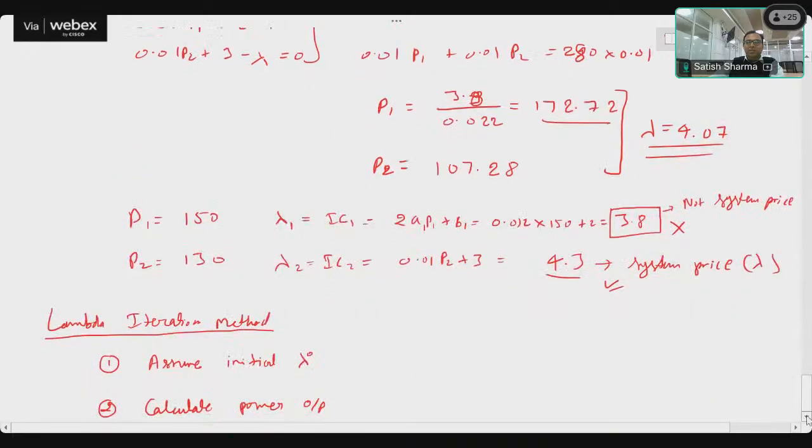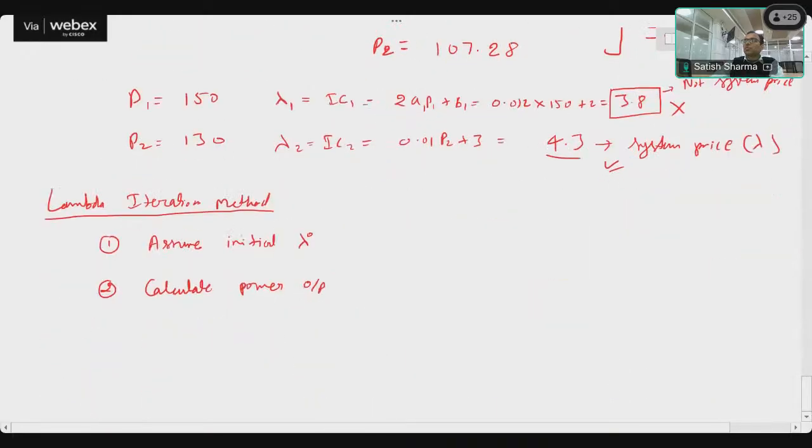In a generalized way, assuming quadratic cost functions for the generators, P is nothing but lambda minus B_i upon twice of A_i, and keeping it in terms of i, I can calculate the power output of all the generators, for all i in the set.